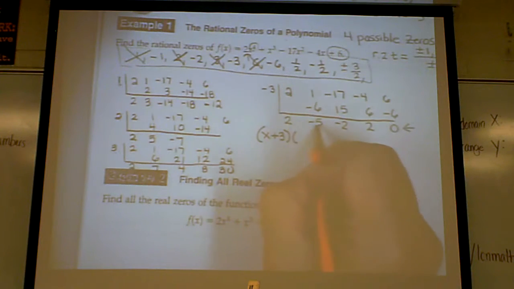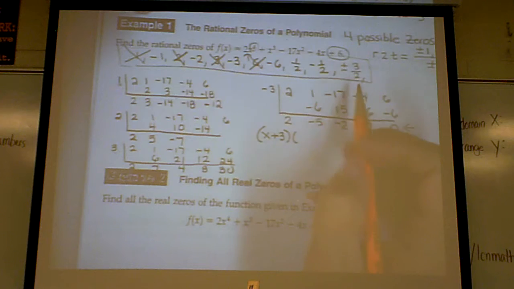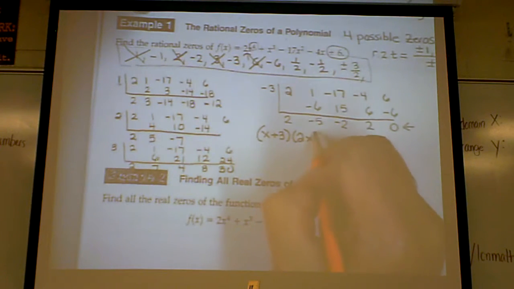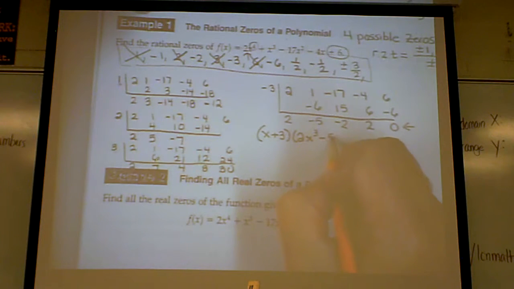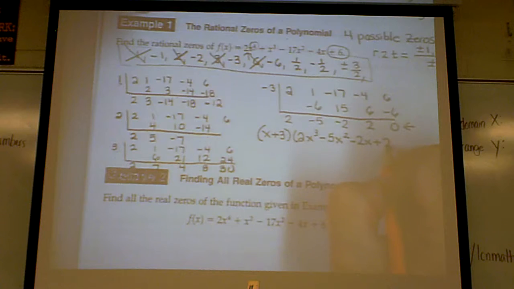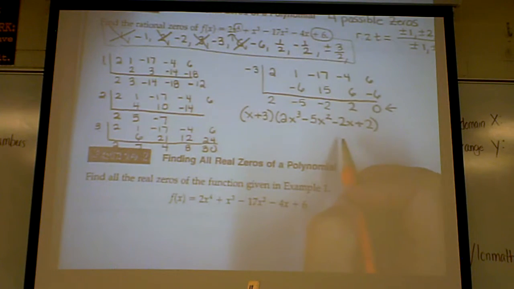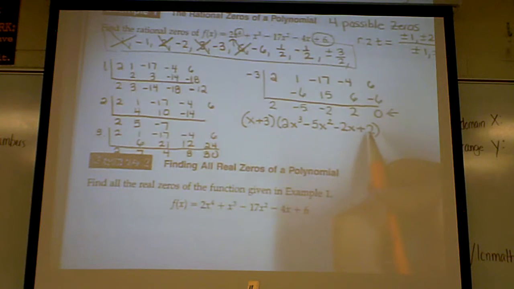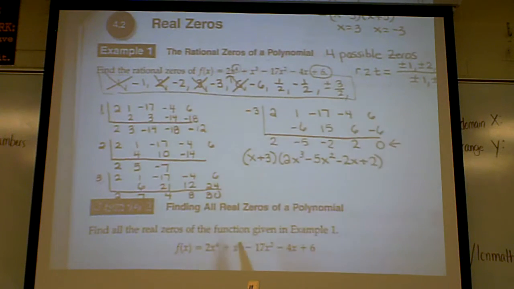Now, what are these numbers right here? These are the coefficients 1 degree less than 4. So it's going to be 2x cubed minus 5x squared minus 2x plus 2. Now we have to start over. Now, do I want to use this list of zeros?